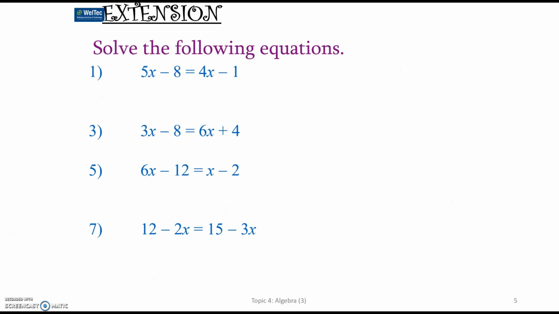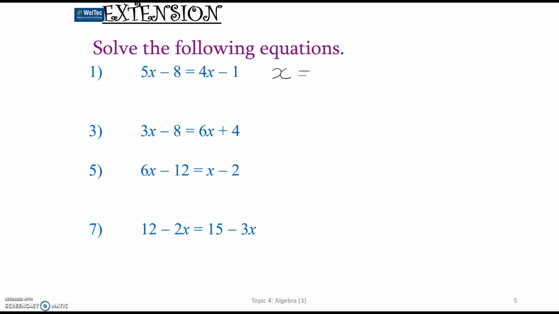Here are some more. I suggest at this stage that you stop the video and do them first on your own, and then go back and see if you get the right answers. So the answer for the first one should be, don't forget you've paused the video, now restart.